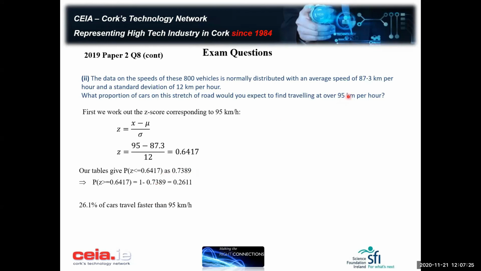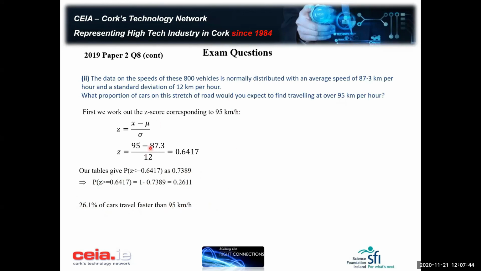They ask you for the proportion going higher, so it's 1 minus that, 0.7389, which is 0.2611. So that's 26.1% of cars going faster than 95 from this sample.